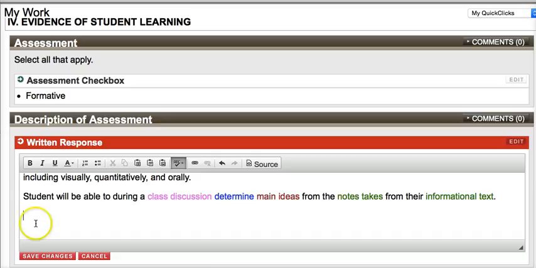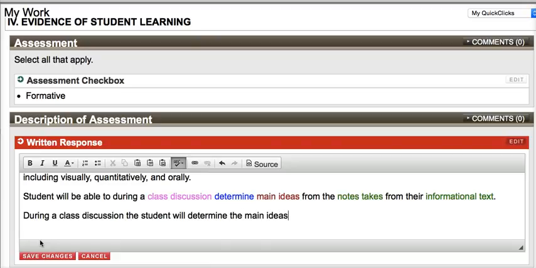So the students will, during a class discussion, the students will determine the main idea about Mickey Mouse.